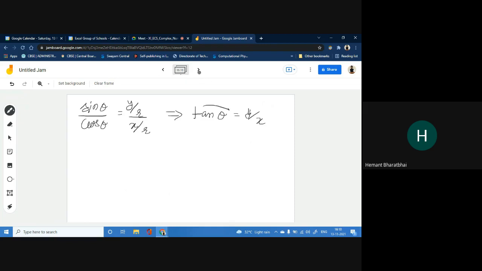R gets cancelled, and sine theta by cos theta is nothing but tan theta.